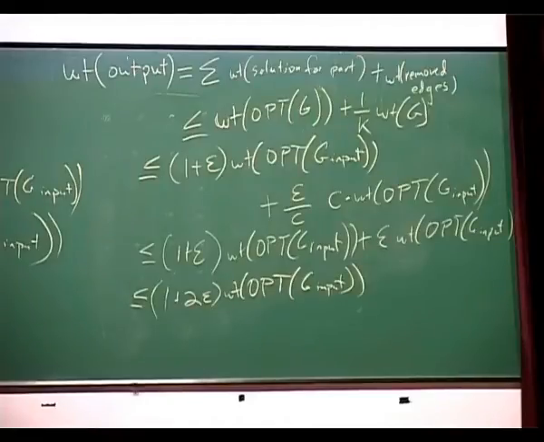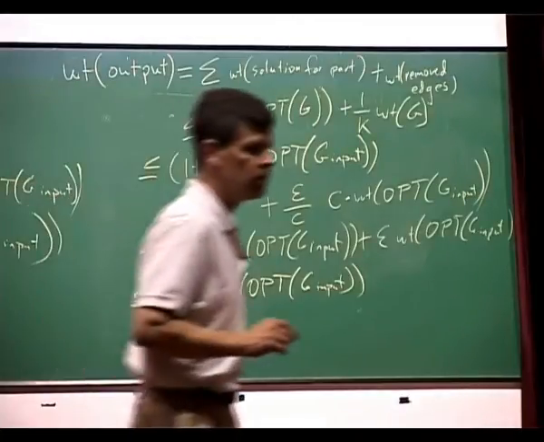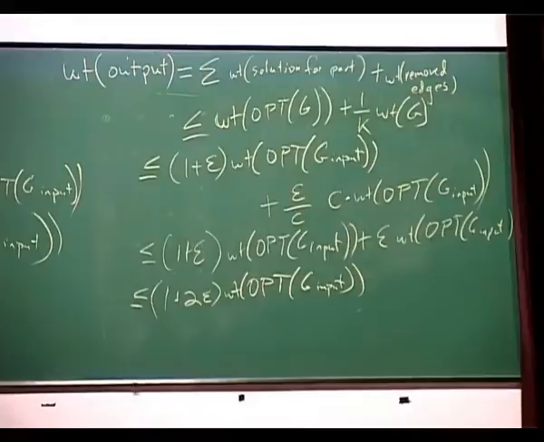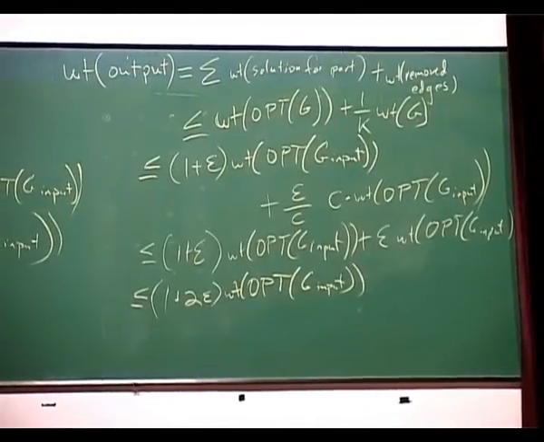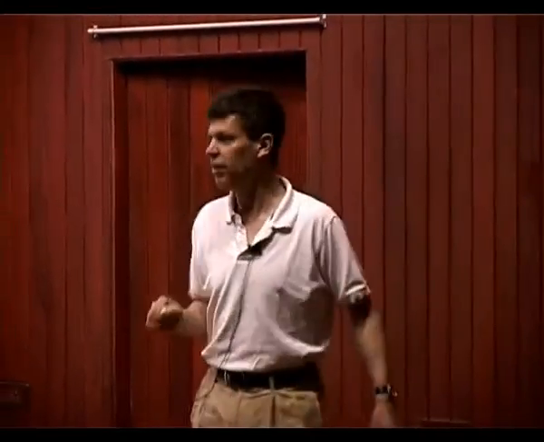And this works out. Basically, you take these rectangles, and there are some edges crossing the rectangles. Those are what I call removed edges. Is that what you're terming as removed edges? That's exactly it.